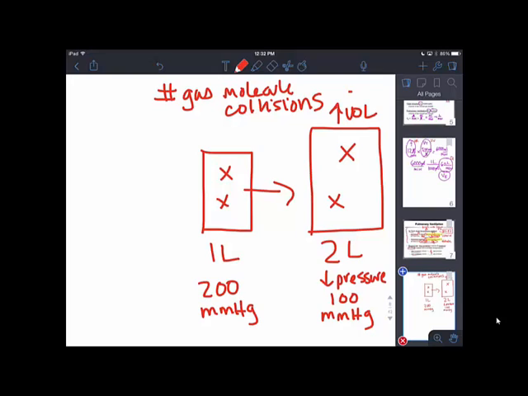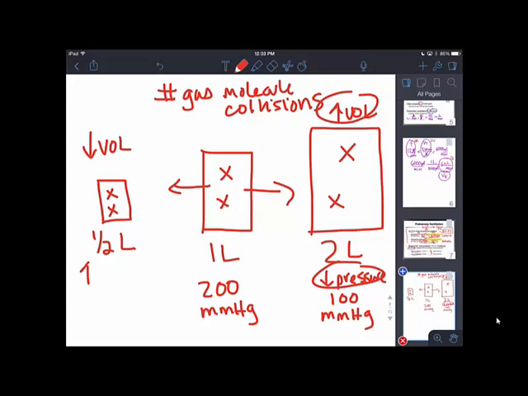Okay, so we increased volume, which decreased pressure. On the other hand, if we take those same gases and put them in a container half the size, say a 1/2 liter container, with the same amount of gas, because the container is smaller, you're going to get more collisions.